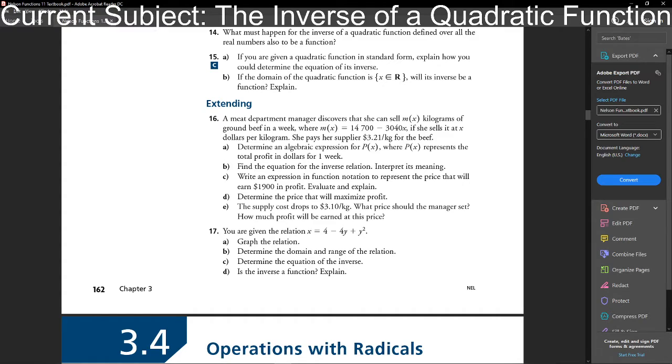I'm a tack and wing. Not familiar with mixer. What does that lightning bolt there mean? That's a cool looking thing. Find the equation for the inverse relation.